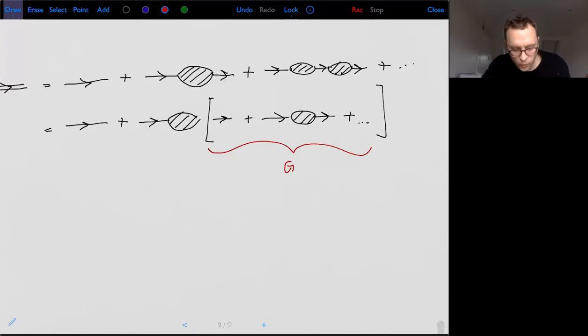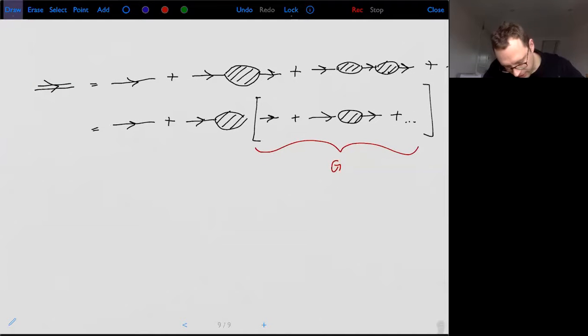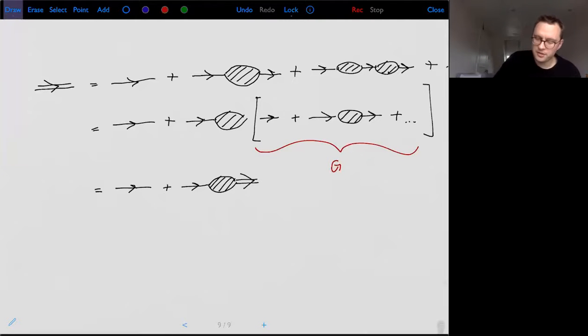So what I can then do is express the interacting Green's function in terms of the non-interacting Green's function, and this diagram, which now involves the irreducible self-energy and the interacting Green's function, G, right? So the interacting Green's function is now both on the left-hand side and the right-hand side.